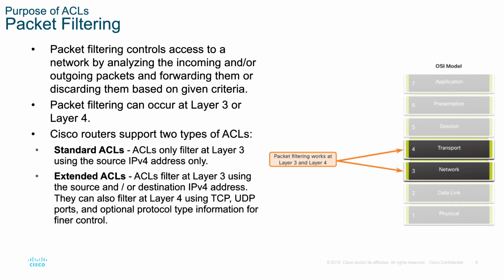So this expands into a wider category of options, and we can fine-tune the list to do specific tasks. So standard's pretty much a brute force, whereas extended is very much a fine-tuning instrument.